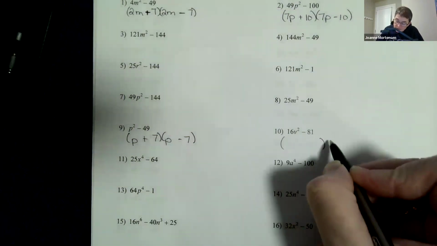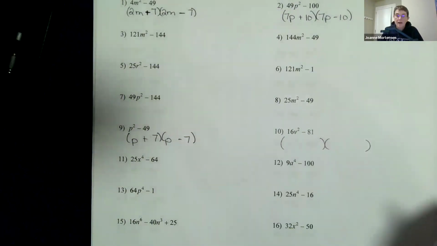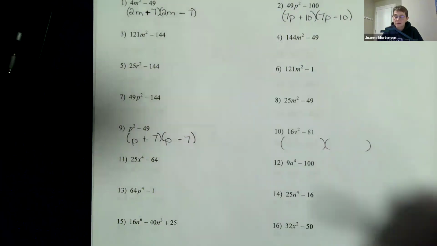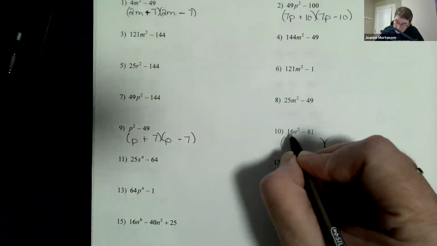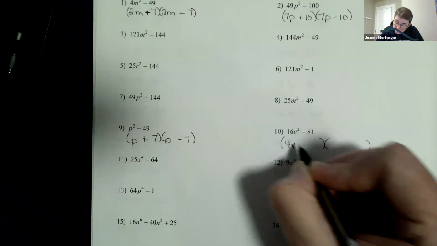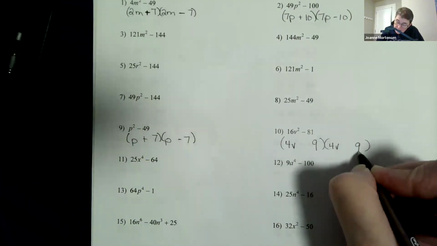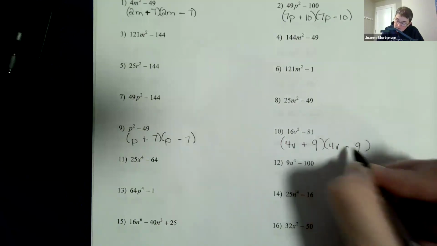Let's do this one. Sorry. If you're working on this, you probably have the answer key too, so you can just flip. That's why I don't want to do all of them. 4b, b, and 9, and a 9, and a plus, and a minus.